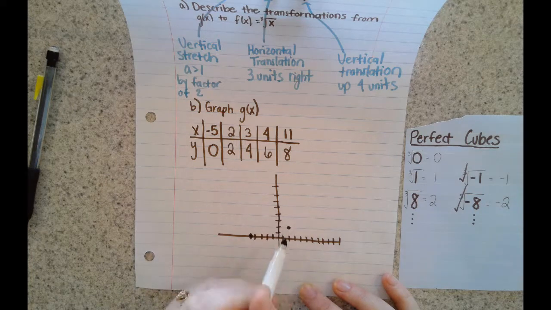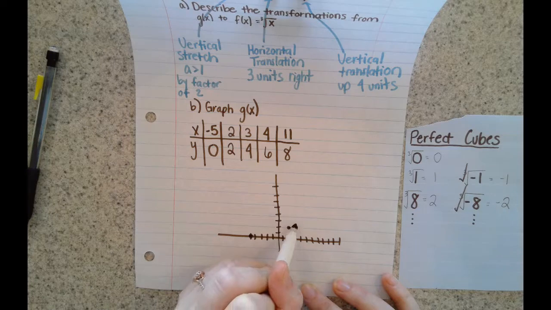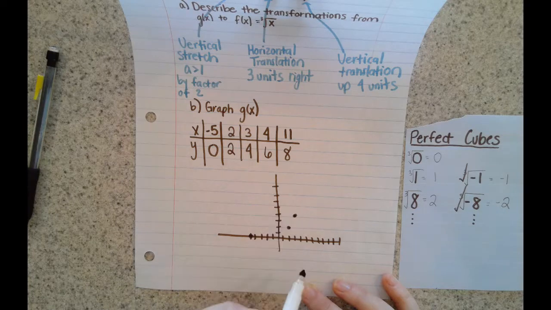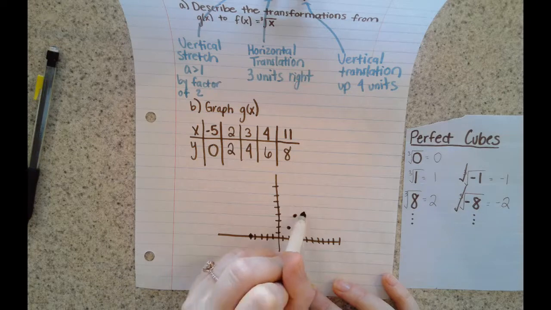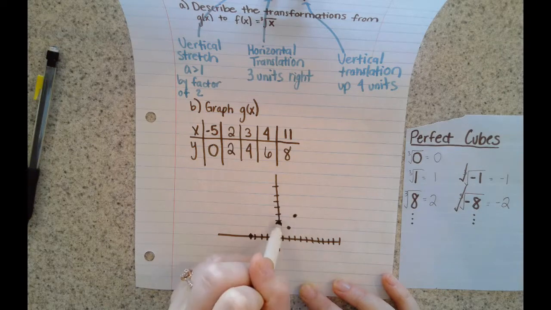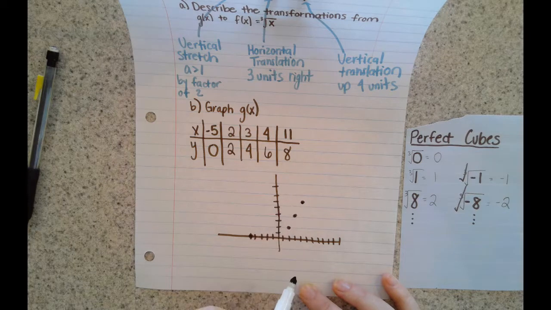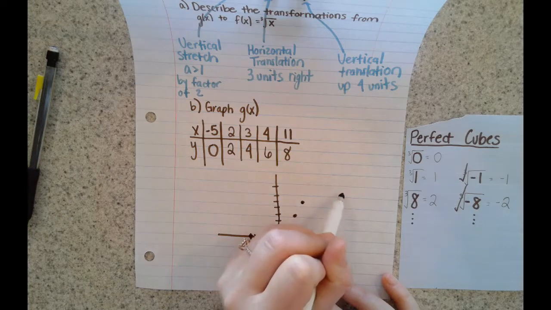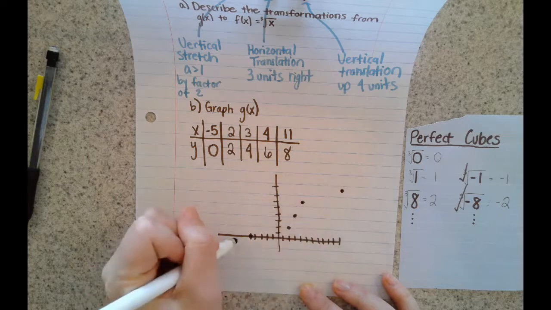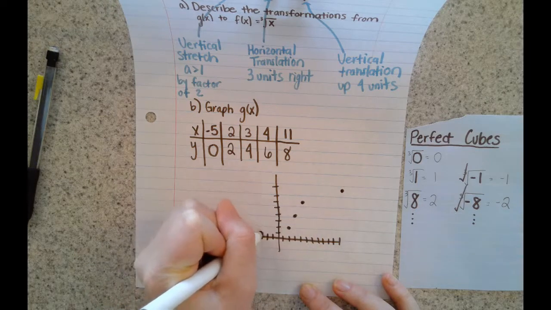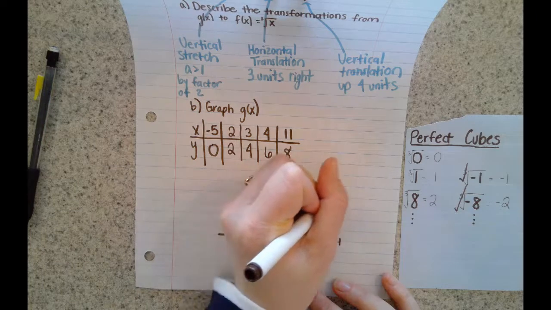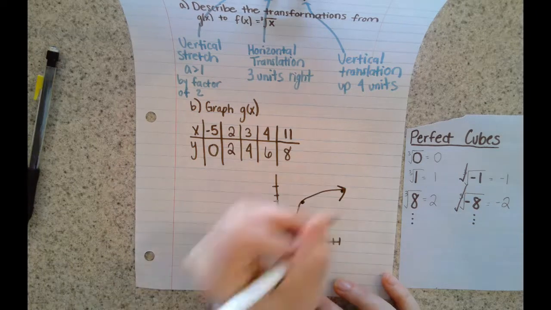Then +3, +4. +4, +6. Okay, and lastly, +11, +8. This is the shape of g of x.